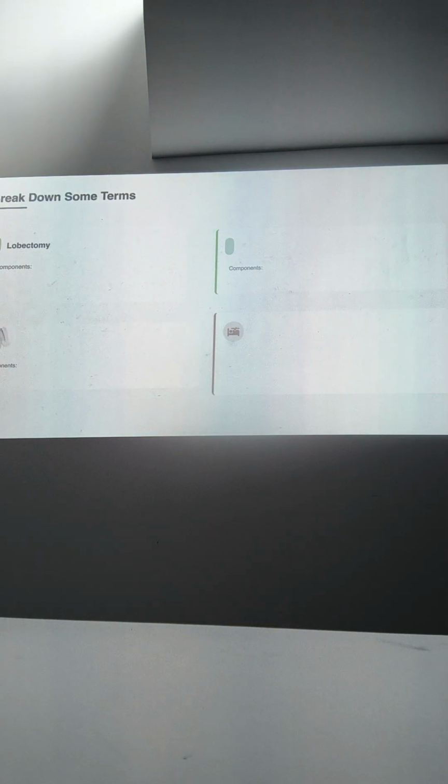Now, you guys are going to break down some terms. What is a lobectomy? Okay, let's go for the root word. What do you think lobe is? Lobe is actually a lobe of the lung. So what's ectomy?